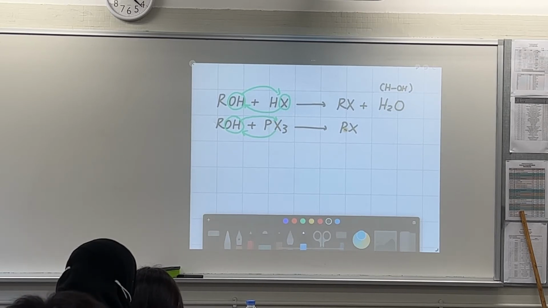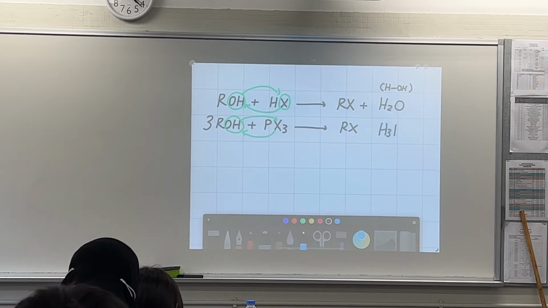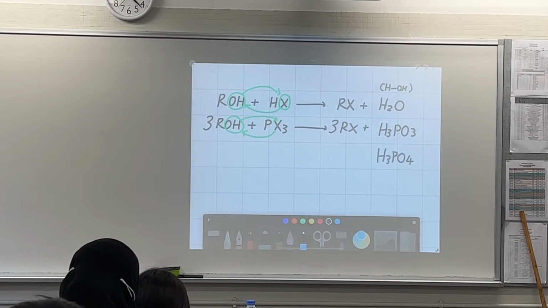The second thing is a little bit more complicated. You will need 3 of the ROH, first of all, to completely swap out the X's. Yeah, and you will get H3PO3 in here. Okay, H3PO3. Does anyone remember learning this, I think back in Form 4 maybe? Yeah, but you may remember its brother, H3PO4.